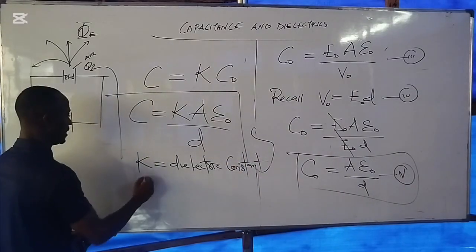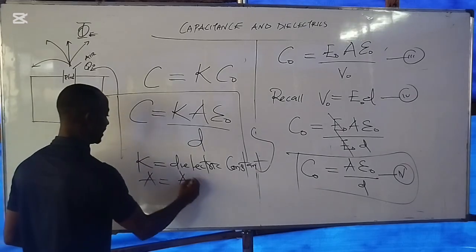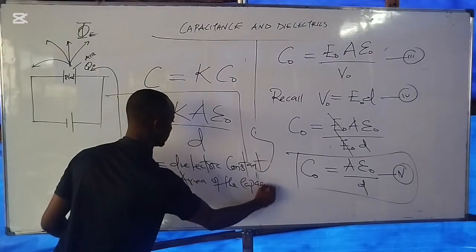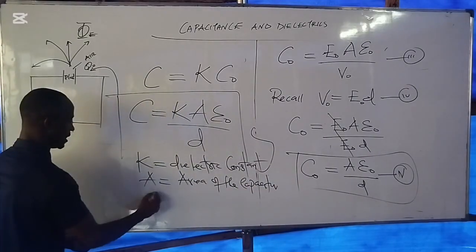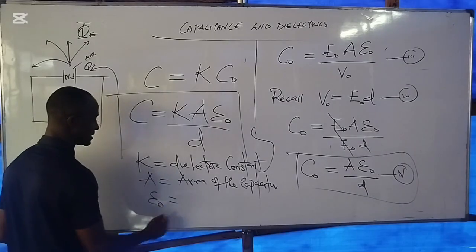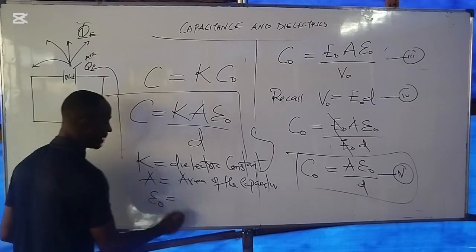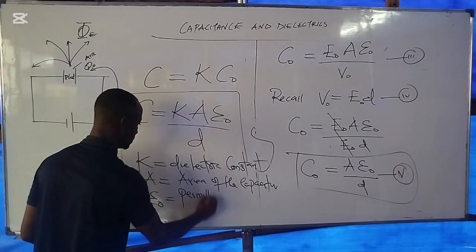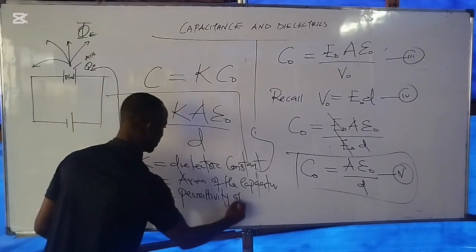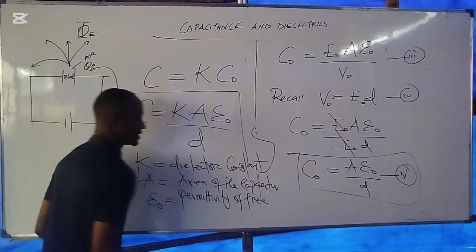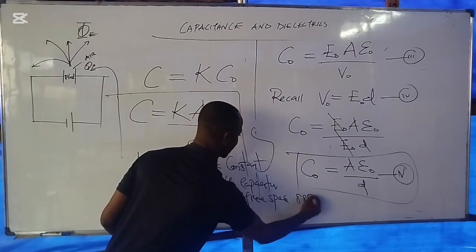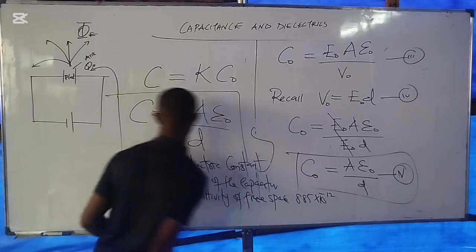Okay. A represents the area of the capacitor. E naught represents the permittivity of free space, which is about 8.85 times 10 to the minus 12, right?